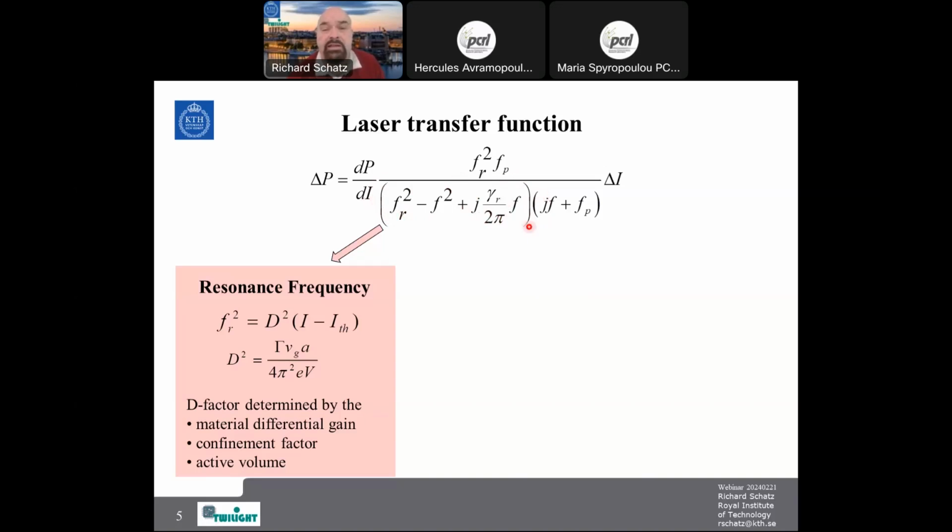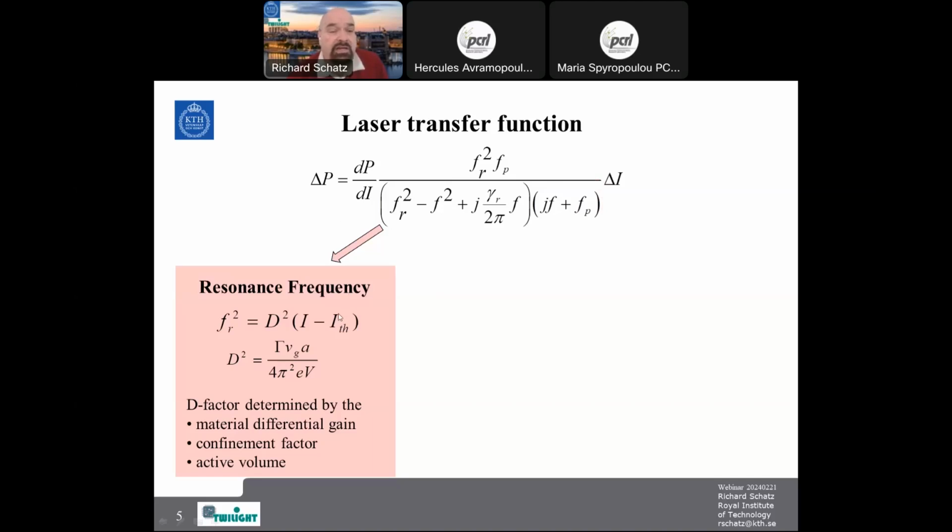Then you also have electrical parasitics that give another first-order parasitic roll-off here. So this laser transfer function very well describes a conventional semiconductor laser.